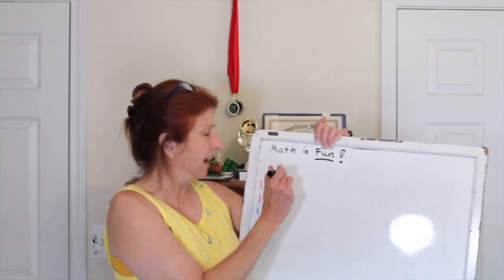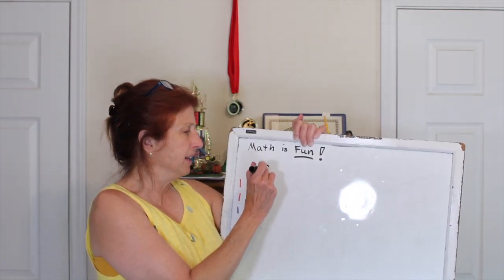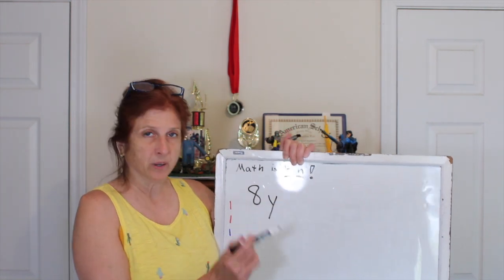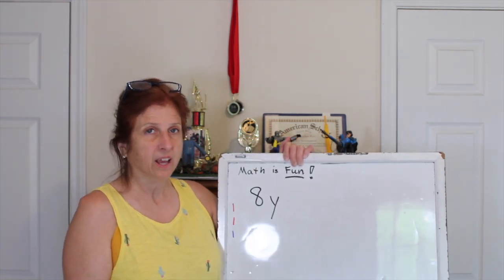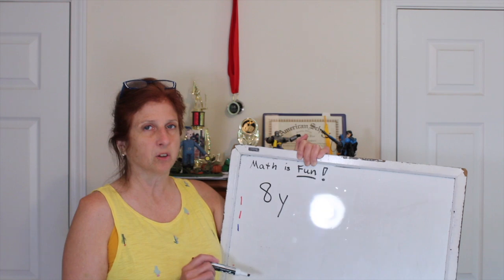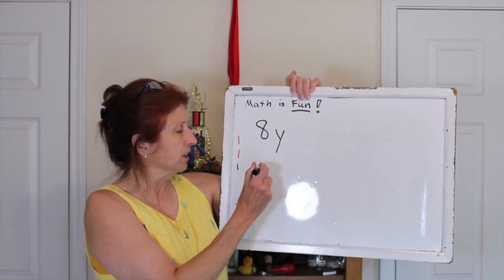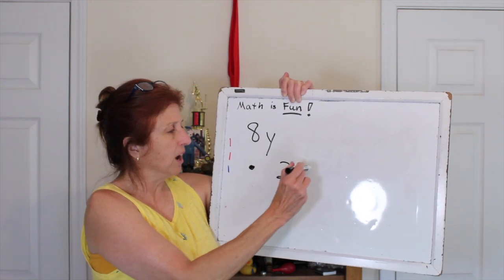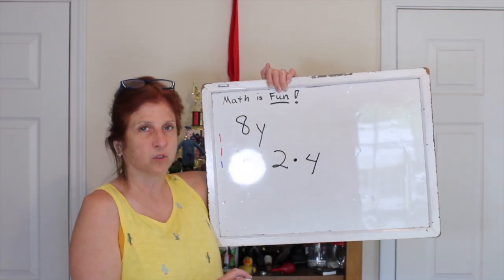So if you have in algebra a number sitting next to a letter with nothing between them, it actually means multiply. So this is a new way of showing multiplying. Another new way we're going to show multiplying is a dot. So if you see 2·4, that's 2 times 4.